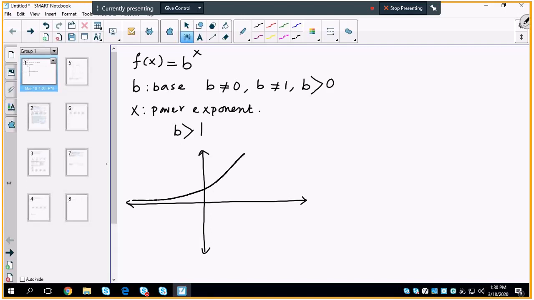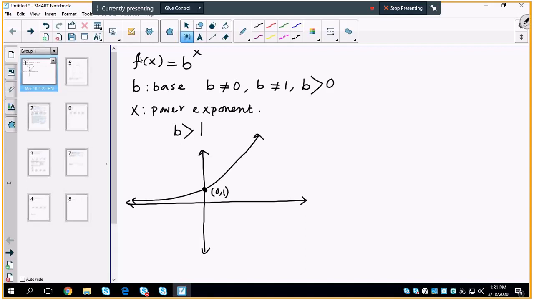The left-hand side of the exponential function becomes closer and closer to the x-axis. So we say that it has a horizontal asymptote at y = 0. Doesn't matter how much the base is, the graph always crosses the y-axis at the point (0, 1) and never crosses or touches the x-axis.